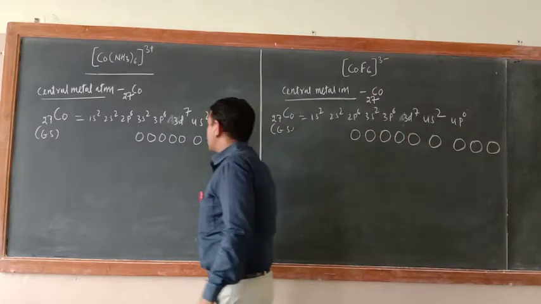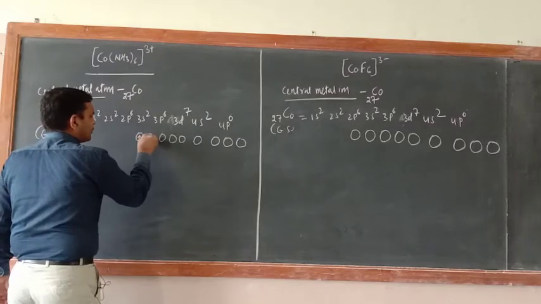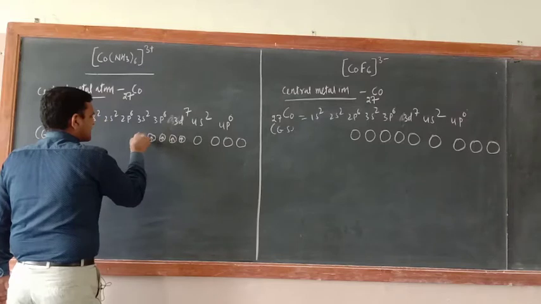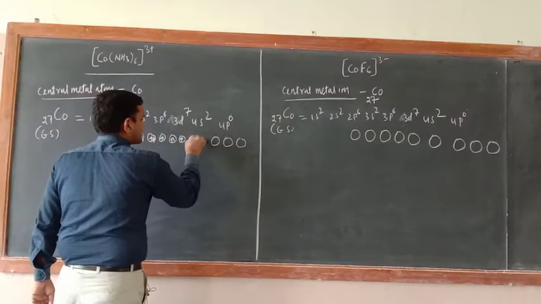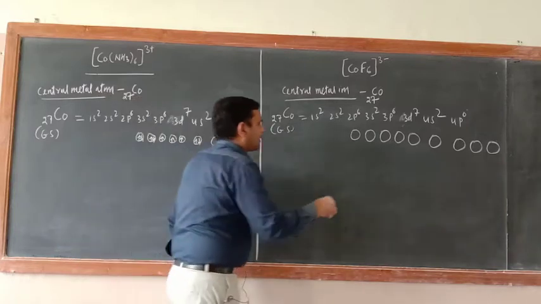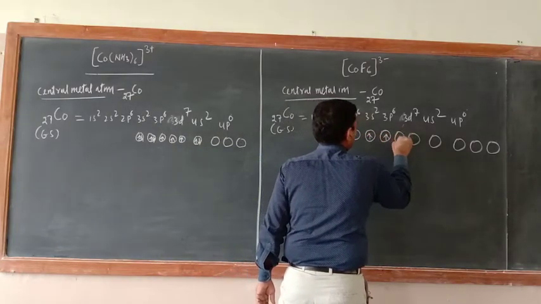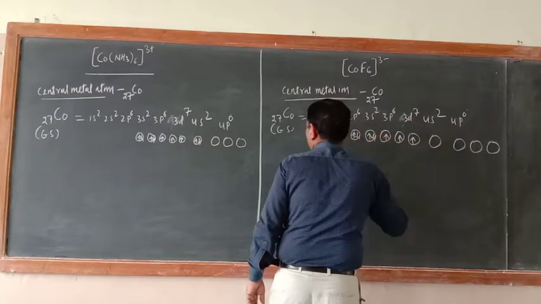Now just see, 3d is 7 here. So 1, 2, 3, 4, 5, 6, 7. Now 4s2. Here also write 1, 2, 3, 4, 5, 6, 7.